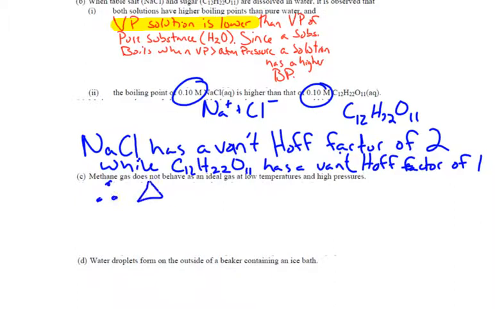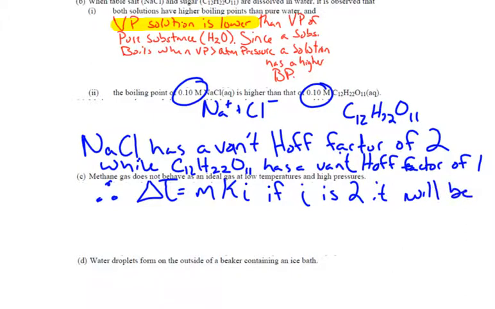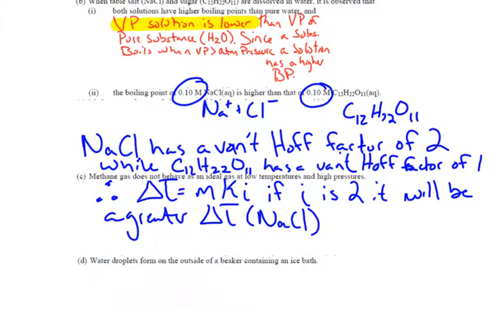Therefore, delta T equals m K i. If i is 2, it will be a greater change in temp for sodium chloride. Then if i is 1 for C12H22O11, sugar, it will be a smaller change.